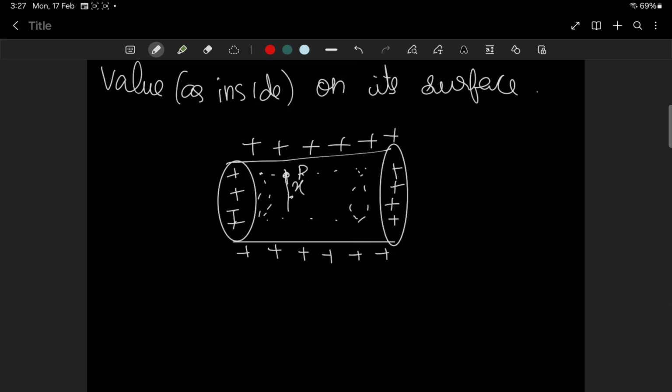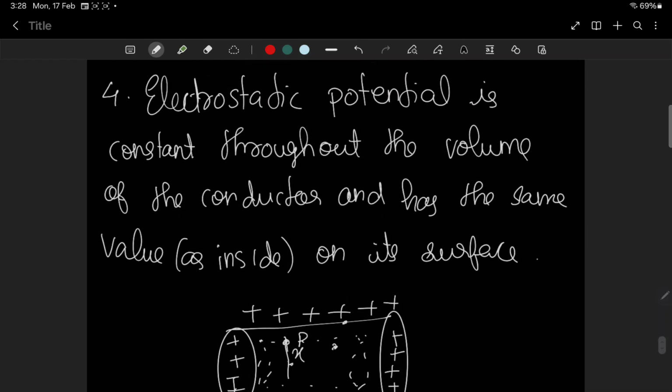I have told you, in the case of a sphere, inside the sphere and on the surface of the sphere, the electrostatic potential is equal. This is the same condition. Why? Because charges are on the periphery of the substance. That's the only reason we are telling that the electrostatic potential is constant throughout the volume of the conductor. Inside and outside it is the same.